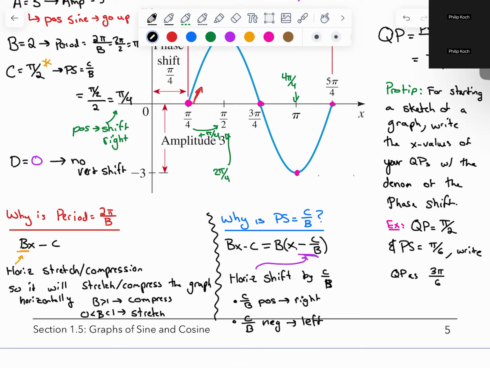That's only to help you figure out where to plot the points. This will mainly become useful in a moment, but it's just a nifty little pro tip if your phase shift and your quarter periods don't have the same denominator. Is it required? No. This is an optional bonus. Amaya.